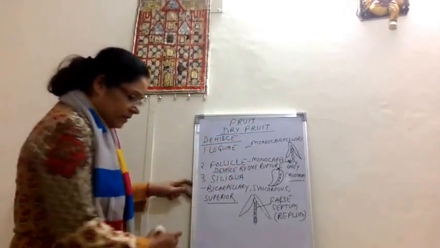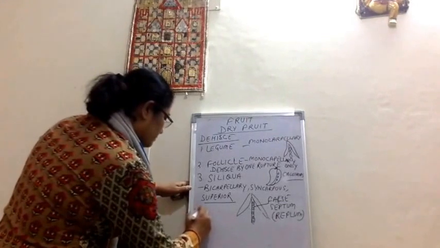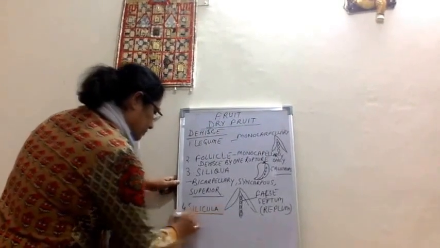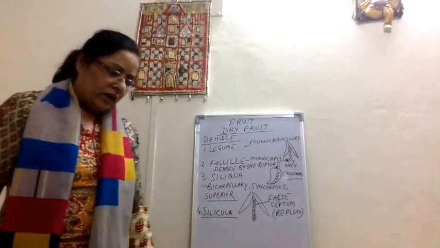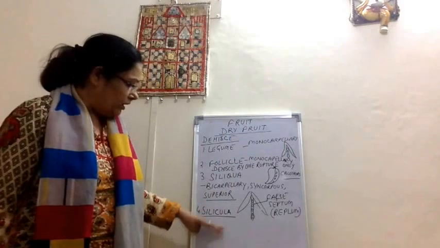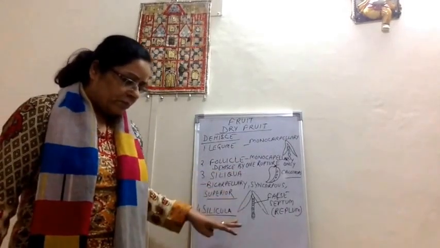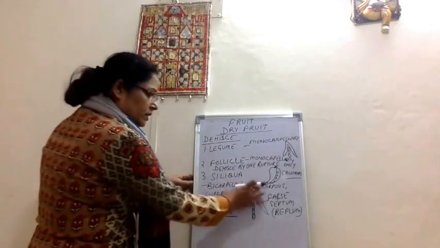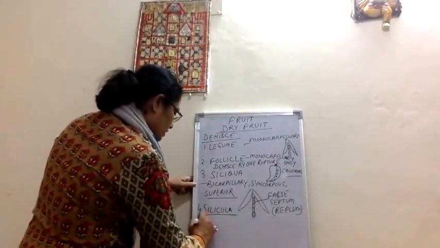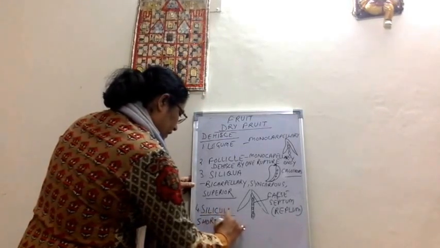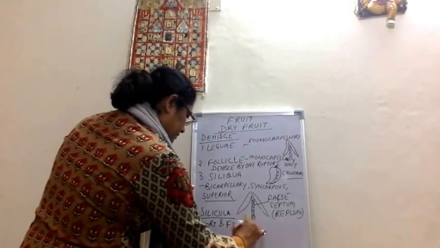Then next is silicula. Silicula is like siliqua but very short and flattened. The only difference is this is long, this is short and flattened.